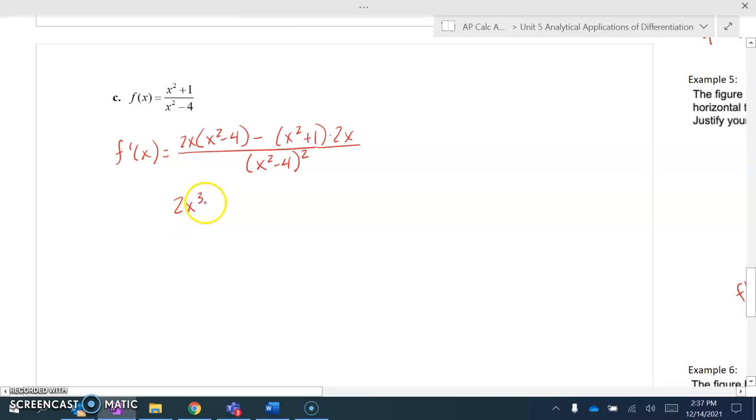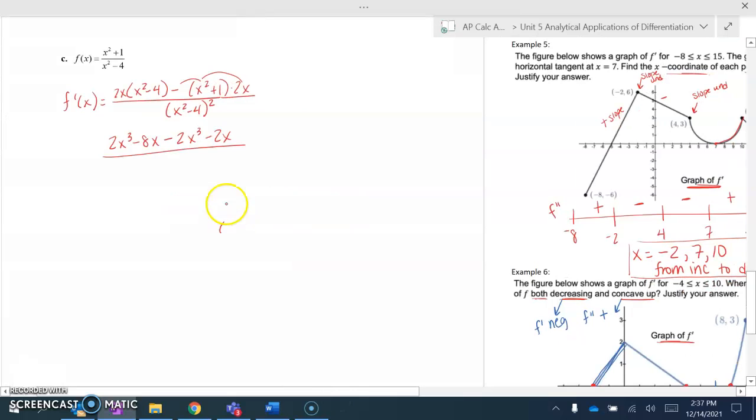So I have 2x cubed minus 8x. I'm going to distribute the negative and this 2x at the same time. So I have minus 2x cubed minus 2x. Okay, so the 2x cubes cancel, and I get negative 10x over x squared minus 4, that whole quantity squared.